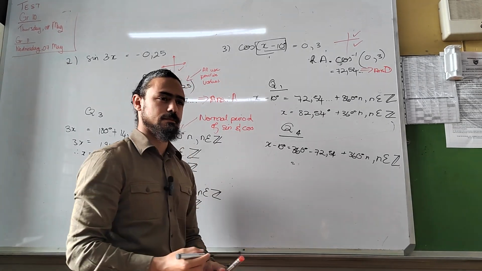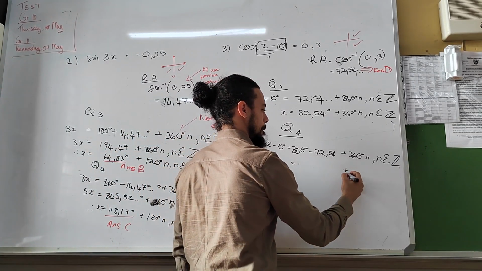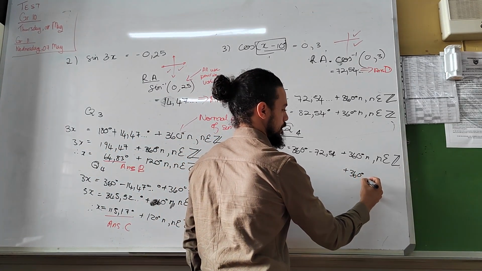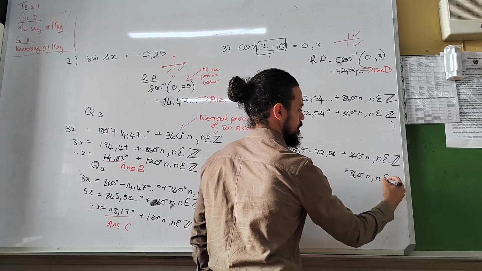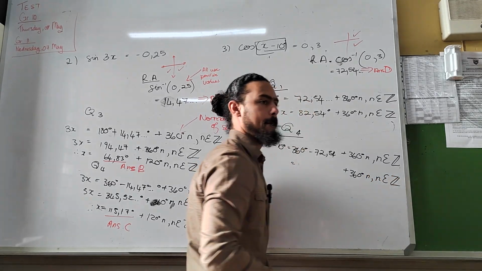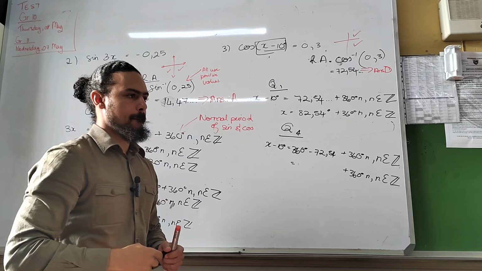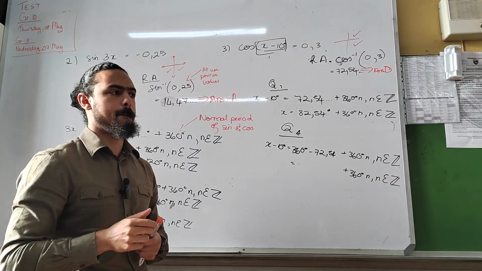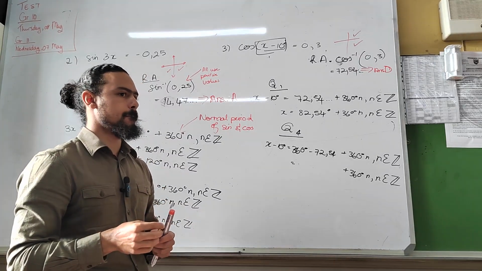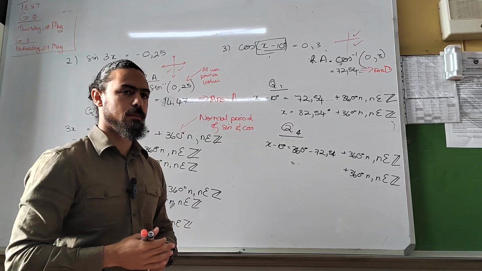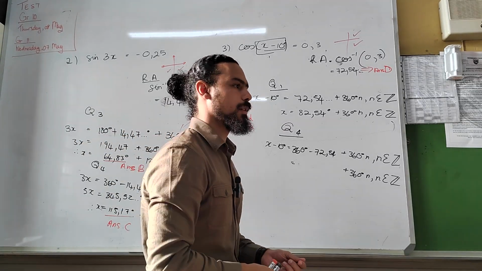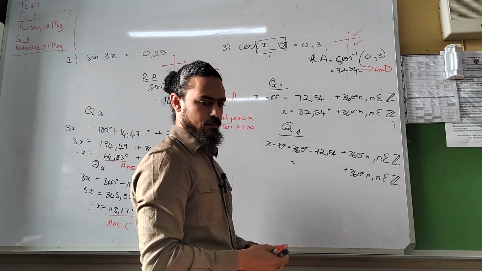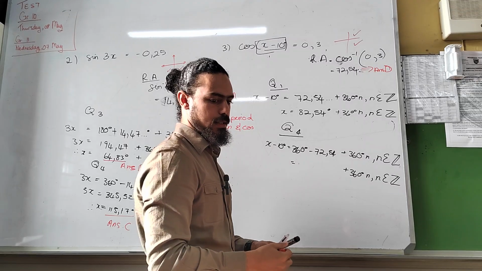So what do we get? Any mistakes up until this point? I'm asking you guys to check the calculators for me. Okay, and then we add 10.